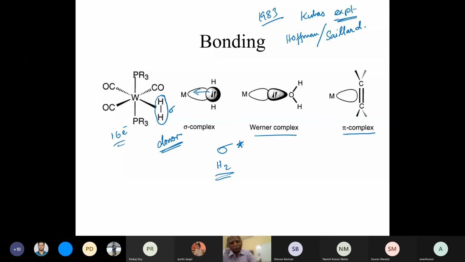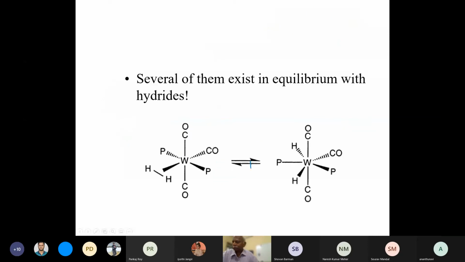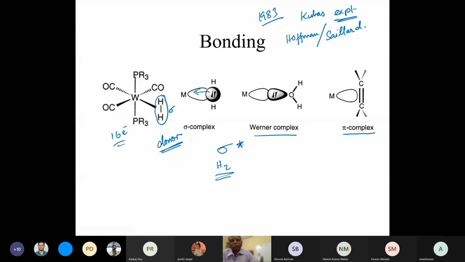If it does that, the hydrogen distance would be weakened. If M to sigma star donation was happening, then this would result in weakening of the HH bond, and finally it would lead to a tungsten dihydride complex.